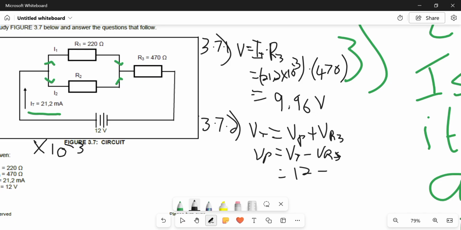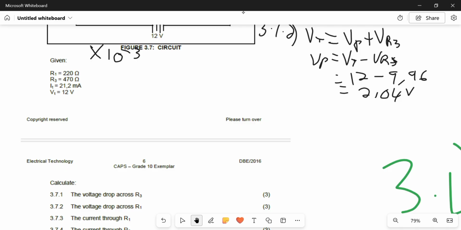So VT is 12 minus the voltage across R3, which is 9.96, which will equal, according to my calculator, 2.04 volts. Okay, that's the voltage across R1, which is the voltage across R2, which is the voltage across the parallel.